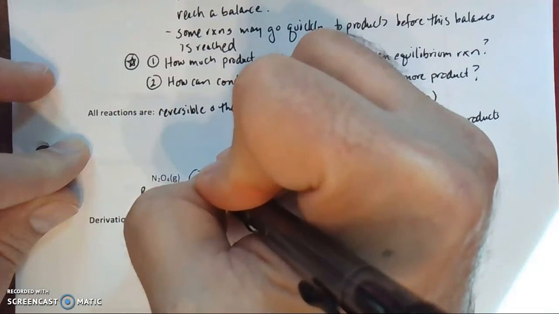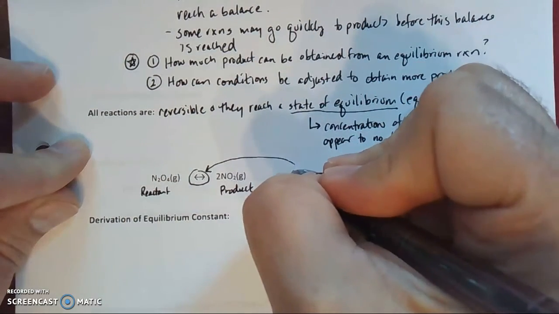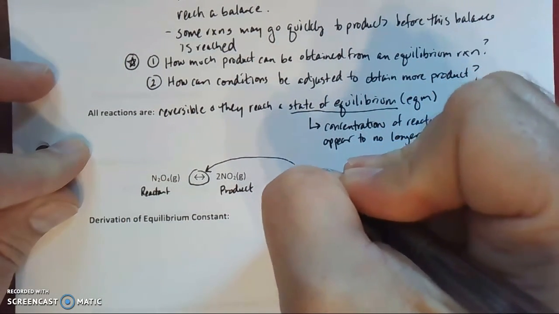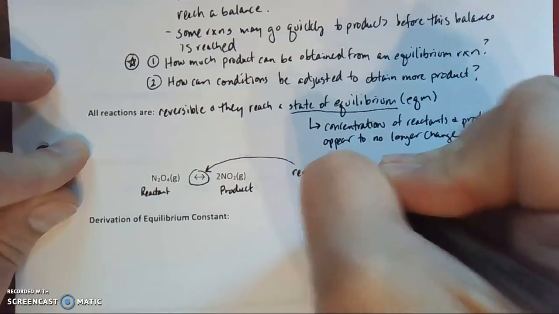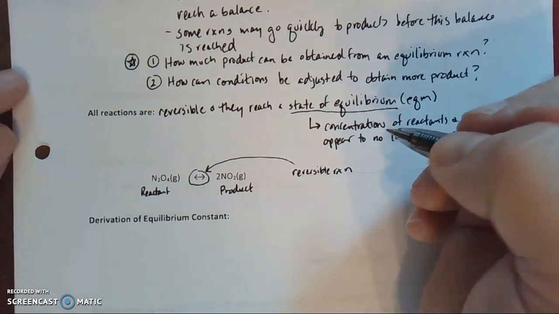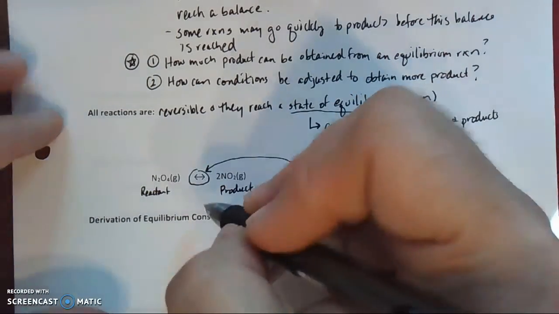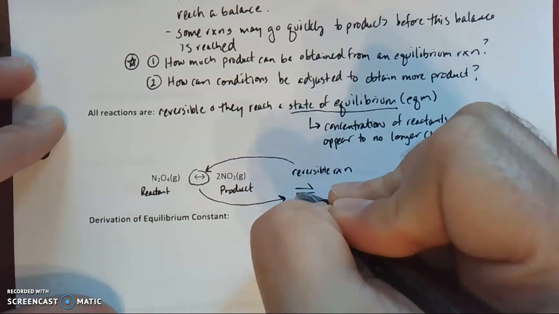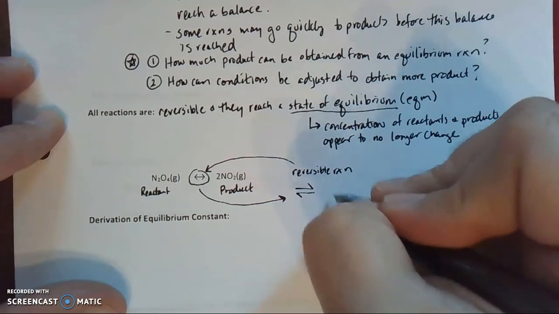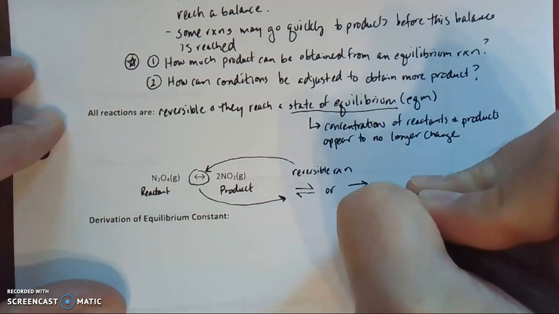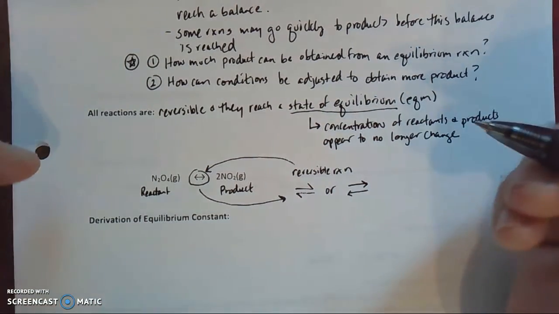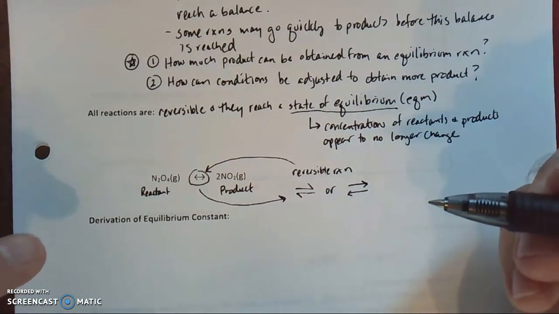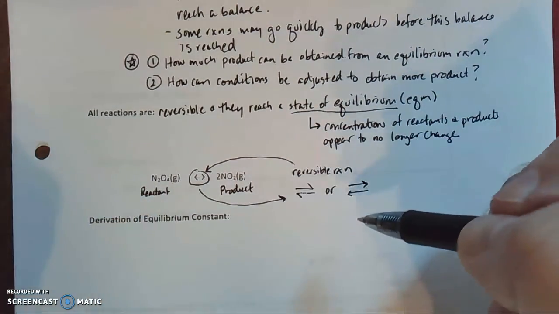That is going to indicate a reversible reaction, so that indicates that we have an equilibrium system. You might also see this as a double arrow like that, or two arrows, depending on the computer program or how it's written. So there are different ways that we can denote that.